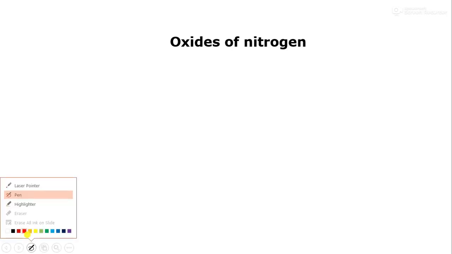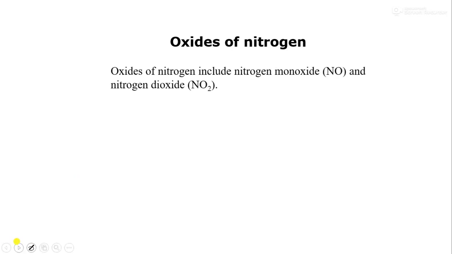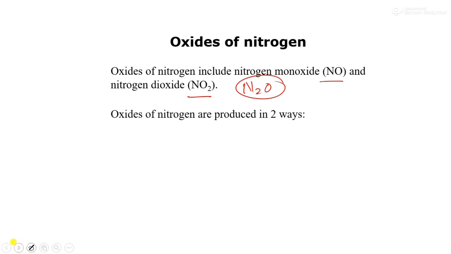Oxides of nitrogen. Oxides of nitrogen include nitrogen monoxide and nitrogen dioxide. Nitrous oxide is not included in your syllabus of CIE. There are two ways by which nitrogen oxides can form. Number one, in car engines or in factories.